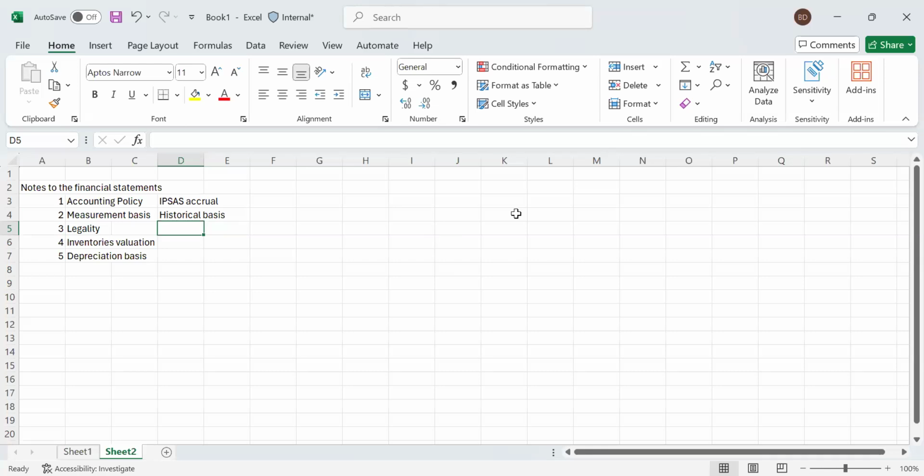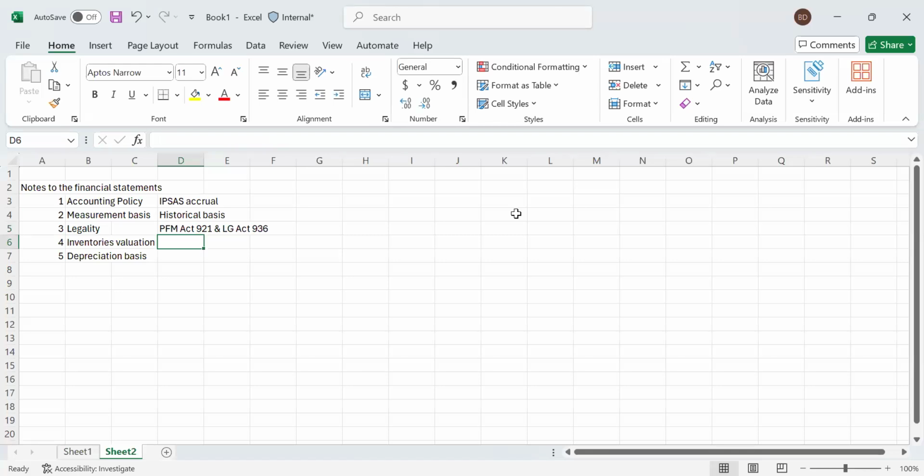Legality. So the financial statement has been prepared in accordance with the Public Financial Management Act. Is it Act 921? Yes. And then the Local Governance Act. What's the name of that act? The Local Governance Act, Act what? 936. Okay. It's just 1 mark.